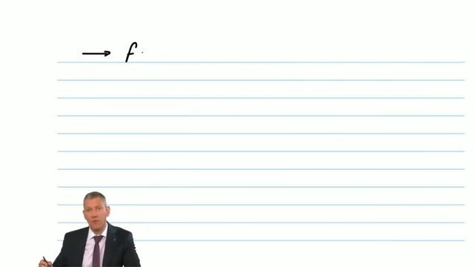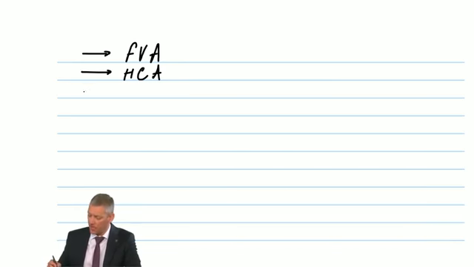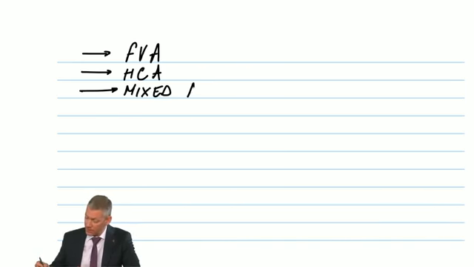The use of fair value across the whole balance sheet is actually called fair value accounting. And we could have discussed that. The use of historical cost across the whole balance sheet is actually called historical cost accounting, and you might have heard of both of those. And we don't do either. What we do is we do mixed accounting. There's 3 marks there.